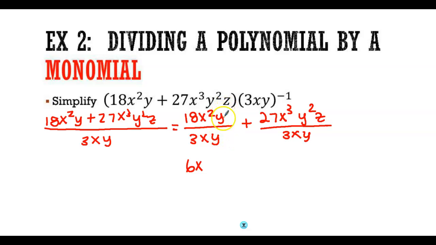So if I subtract those, I get 0. You don't have to write 0. Plus, let's go over to this second one. 27 divided by 3 is 9. And then x to the third over x, so 3 minus 1 is 2. And then finally, that z doesn't have any z's in the denominator, so just a z right there.